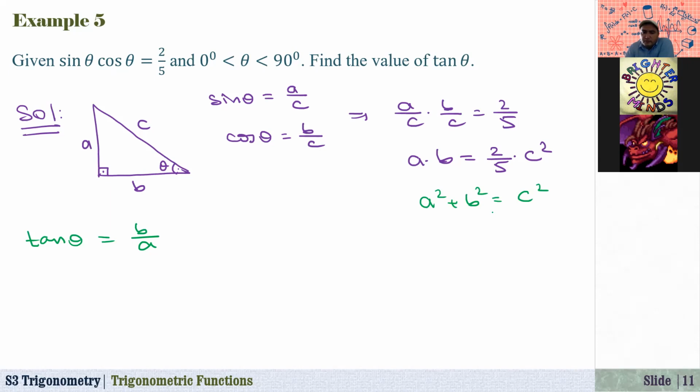What is C squared? That is 5 over 2 times A times B. So A squared plus B squared is equal to 5 over 2 times A times B. Now from here, I can divide both sides by AB.